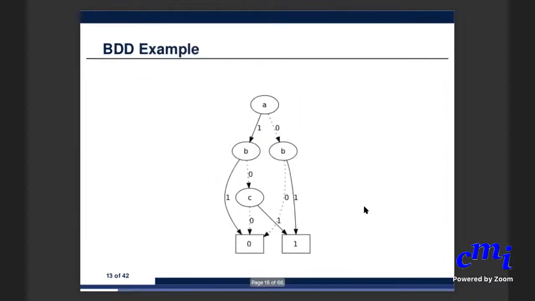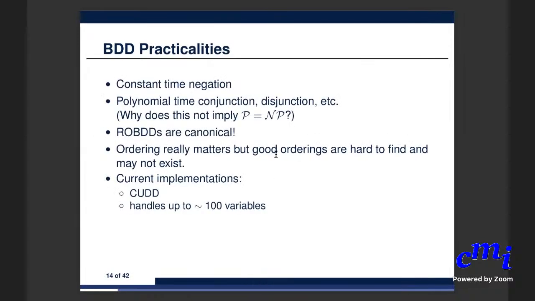Once this is constructed, since it's a unique representation, if a formula is valid, then its unique representation will be the node 1, and if it is unsatisfiable, then it will be 0. Otherwise, it will be something else.